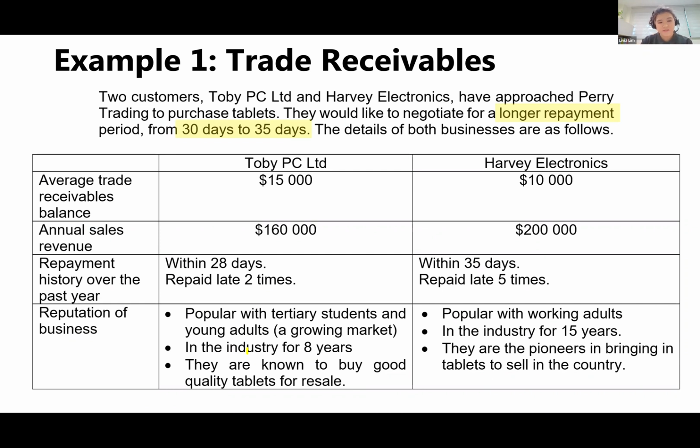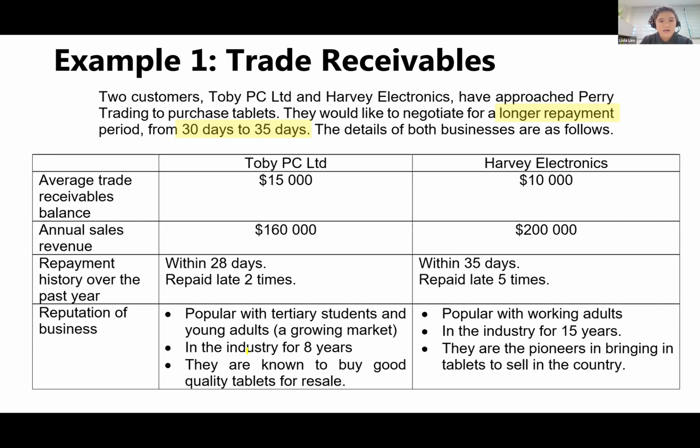By the way, a quick revision: which is considered accounting information and which is non-accounting information? Average trade receivables balance and annual sales revenue are accounting information because they involve numbers, whereas repayment history over the past year or reputation of business is non-accounting information because it does not directly involve dollars and cents.